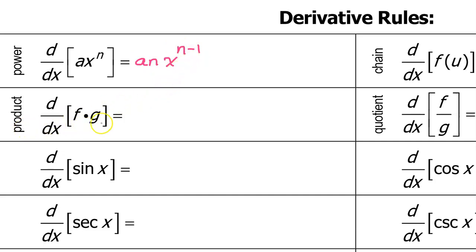And then there's the product rule, where we take the derivative of the first factor, so that'll be f prime, but then we multiply by the second factor unchanged, and then we add, but the second time through, we take the derivative of the second factor while leaving the first factor alone. So I have f times g prime. So there's your product rule.